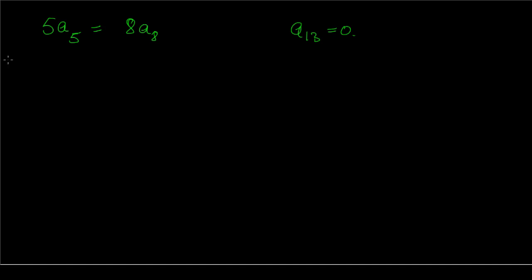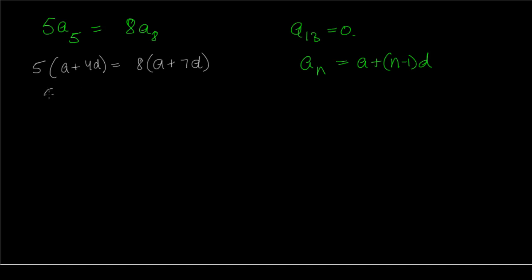It's very, very simple. Now you know that the an formula you have to use here. an is equal to a plus n minus 1 into d. So substitute 5a5. So 5 into a5 will be a plus 4d, right? Is equal to 8 into a plus 8 minus 1, that is 7d. Now solve it. 5a plus 20d is equal to 8a plus 56d.